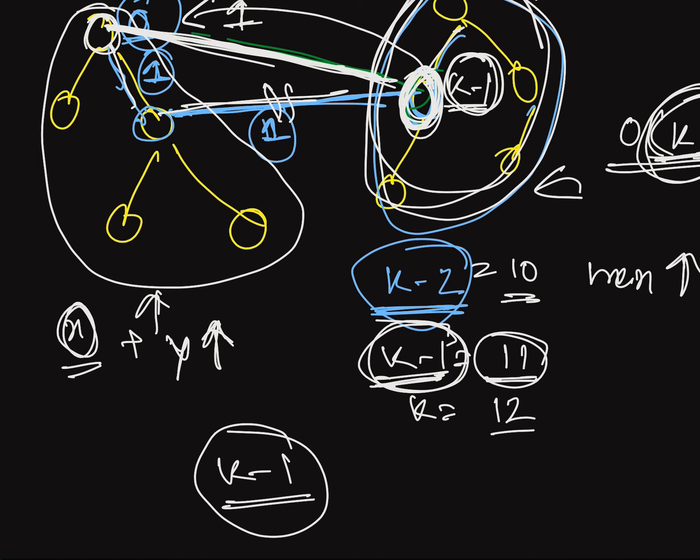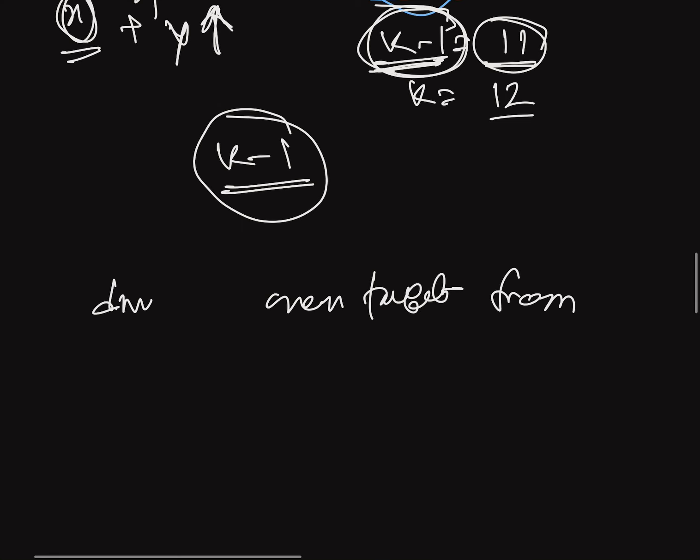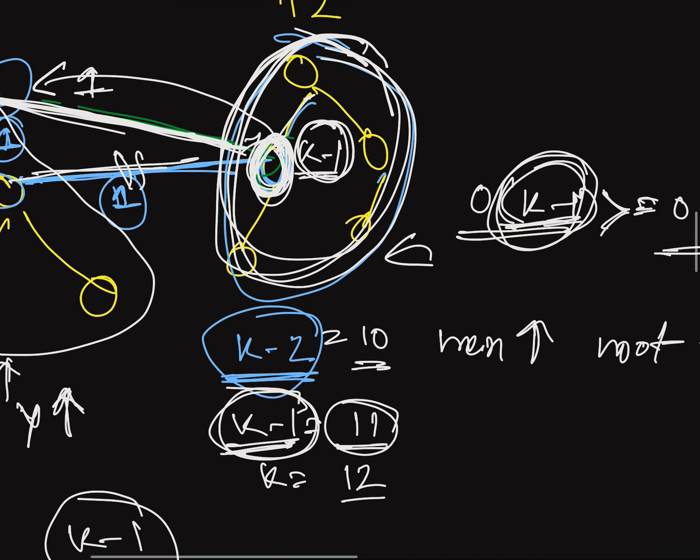Clear? So that's why I will calculate the maximum target possible from tree 2, and for 0 I have already calculated this will contribute the maximum number of nodes at a distance k minus 1.